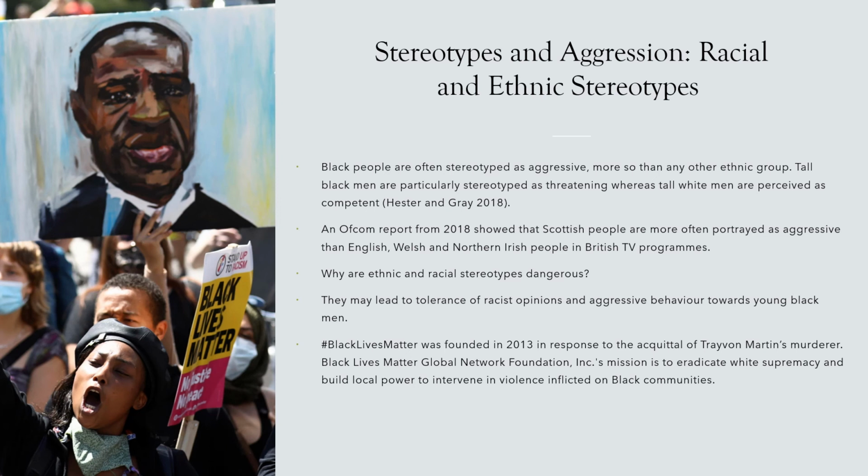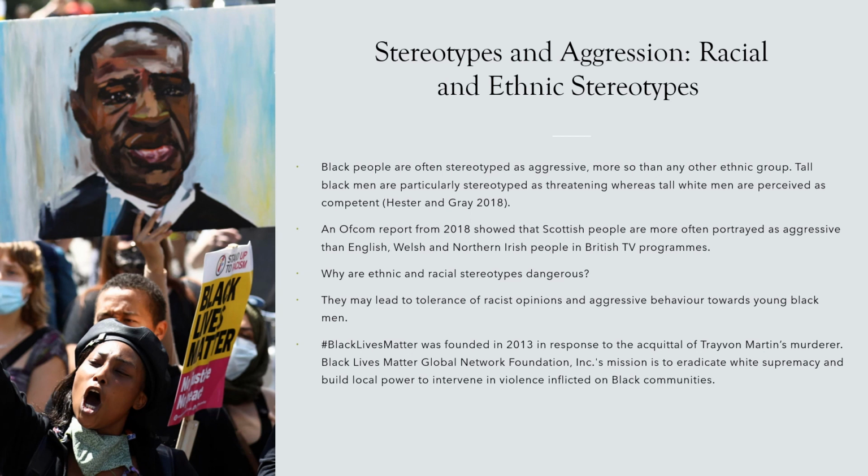Basically, Trayvon Martin was shot when he was visiting his dad's fiancée by someone who was part of the community, and he got sent to prison. But then, after a year, he was released because they said that they couldn't prove that it wasn't self-defense.